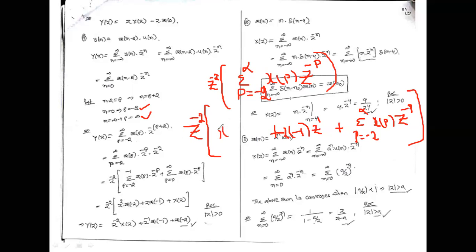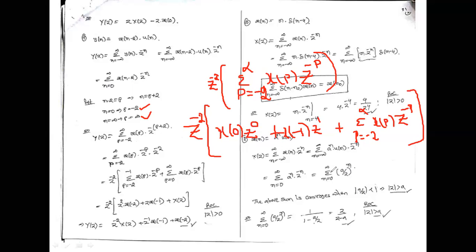x of 0, and the z power 0 value, minus 1 and minus 2. That is the after value, my students. Minus 2 is there, so definitely that is an after value only.